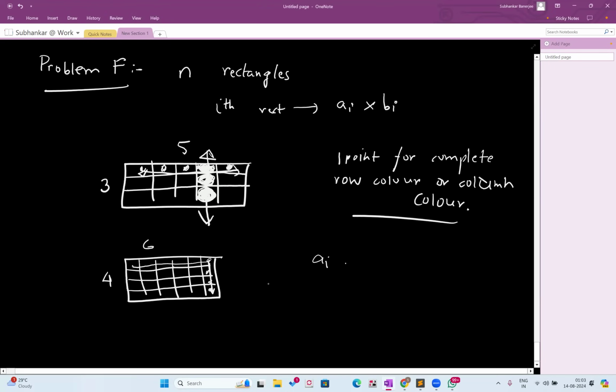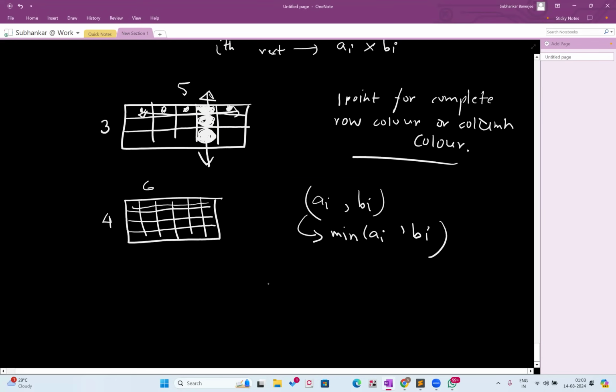So if ai comma bi is given, you can observe that we can just color the minimum dimension among ai comma bi. And this thing will be colored, right? After the first step, how many steps will be required? These are the number of steps required, the minimum of the dimension.